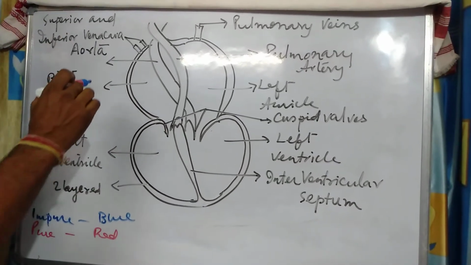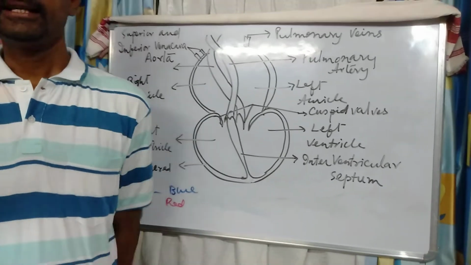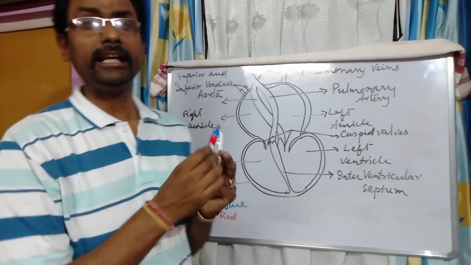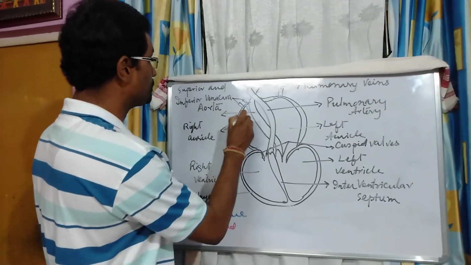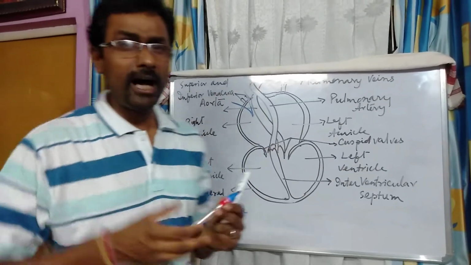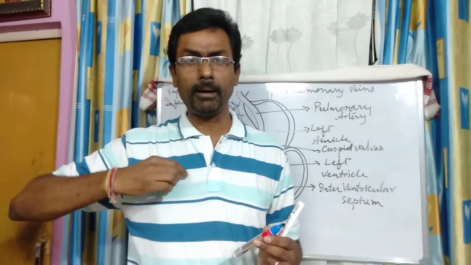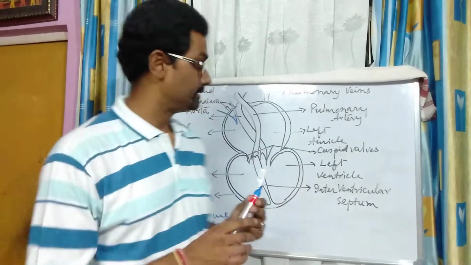Now, try to get it. The impure blood from the different parts of the body enters the right auricle through the superior and inferior vena cava. Through this superior and inferior what? Vena cava. Superior vena cava brings impure blood from the upper part of the body and inferior vena cava brings impure blood from the lower part of the body.